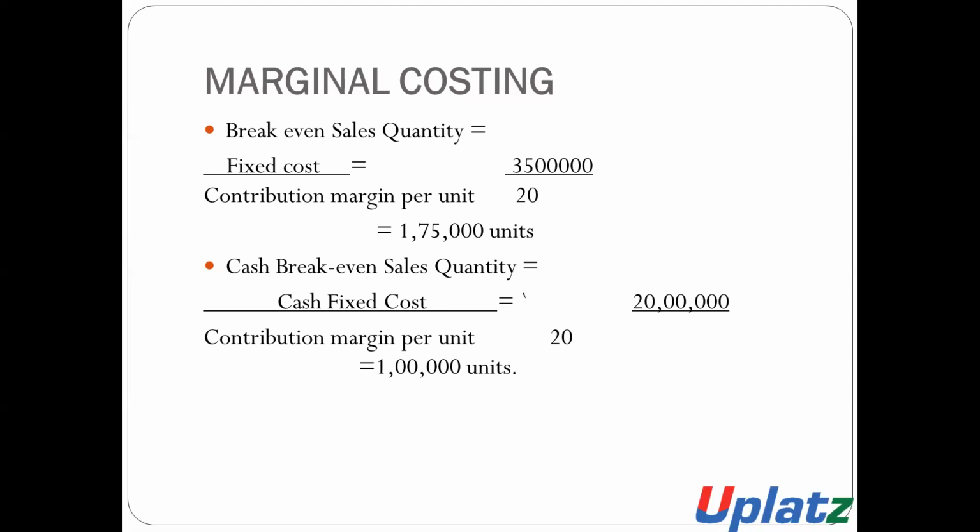Then the cash fixed cost is 20 lakh divided by contribution of 20 rupees per unit. Then 1 lakh units is the cash break even sale quantity. So the break even sale quantity is 1,75,000 and the cash break even sale quantity is 1 lakh units.